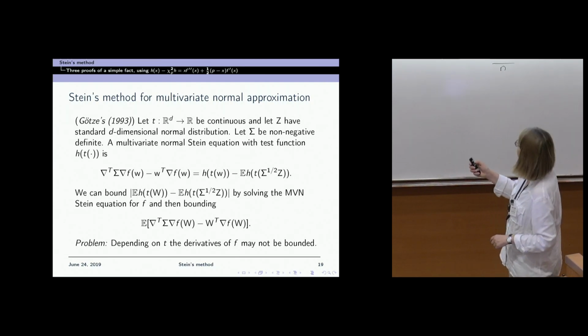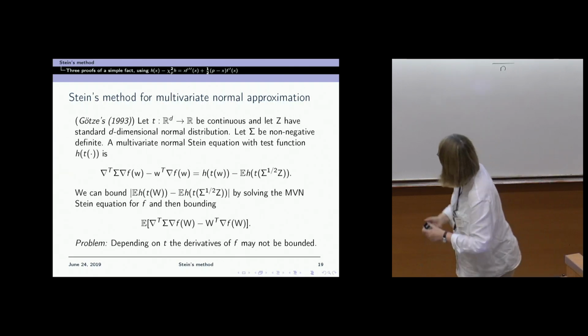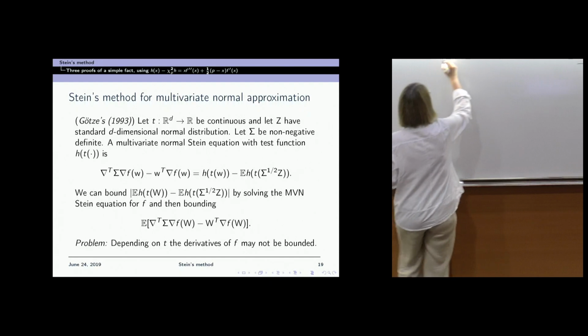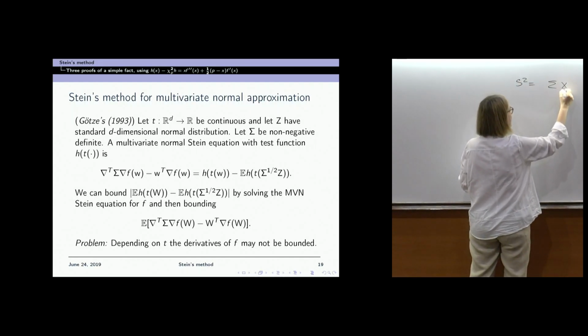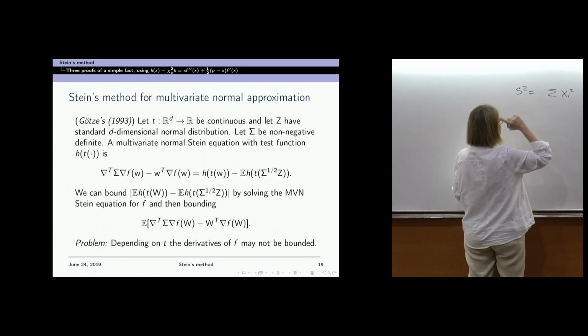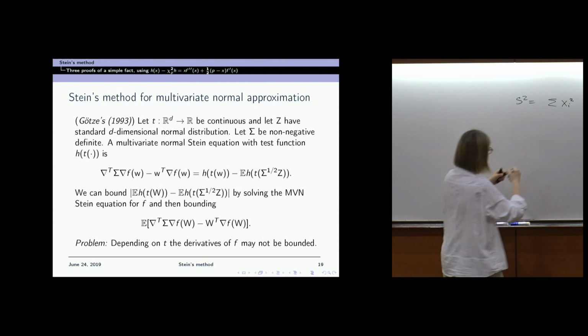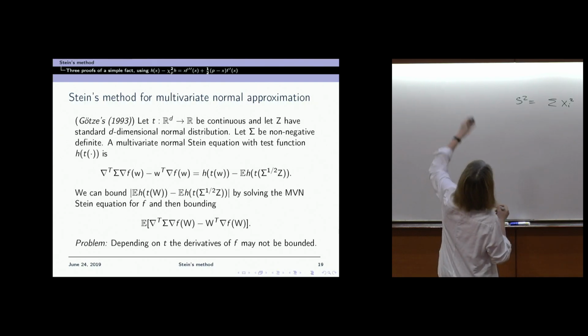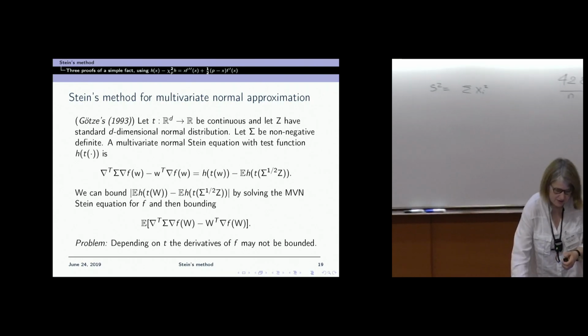This is slightly adapted, so I would say h of t of w. So s squared is the sum of the xi squared, in some scaling. So this would be our function t of s.